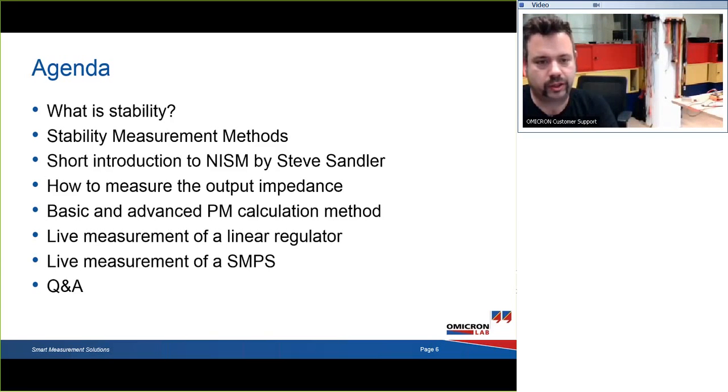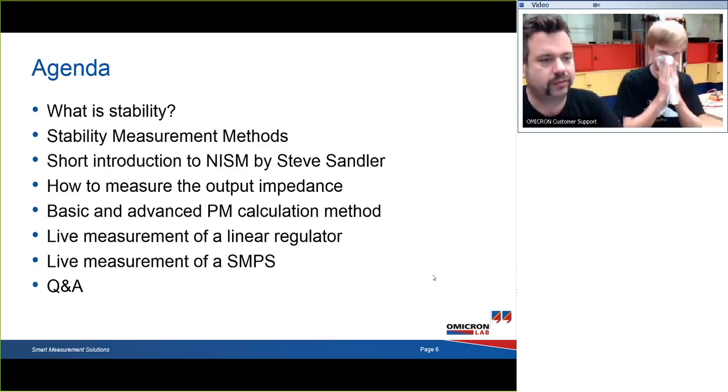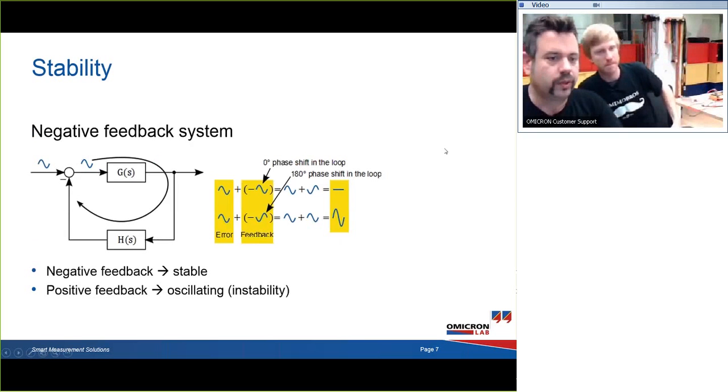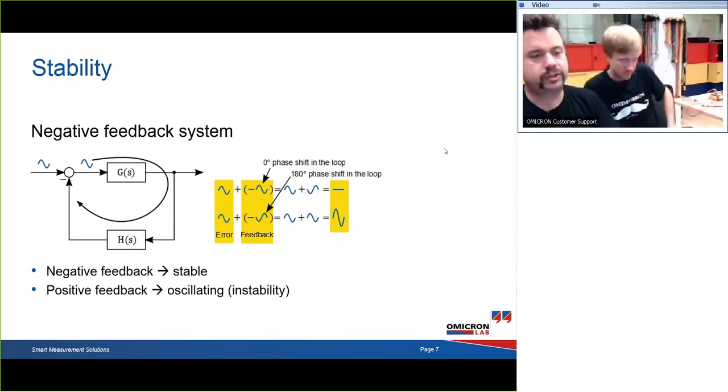Before we touch base on stability measurements, we will have a look at the topic. For those of you who have not joined yesterday for the standard stability measurement session: what is stability? When we are talking about stability, we have to talk about control loops.